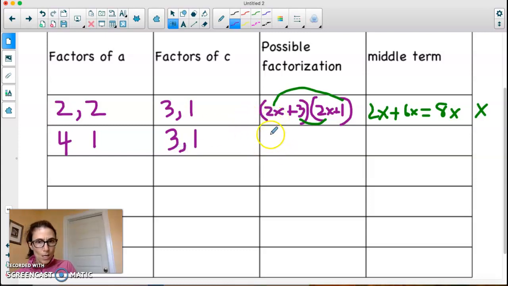So the first thing that we're going to try is 4x plus 3 and then 1x plus 1, so x plus 1. I apologize for my handwriting. It's a little harder to do this than you would think.